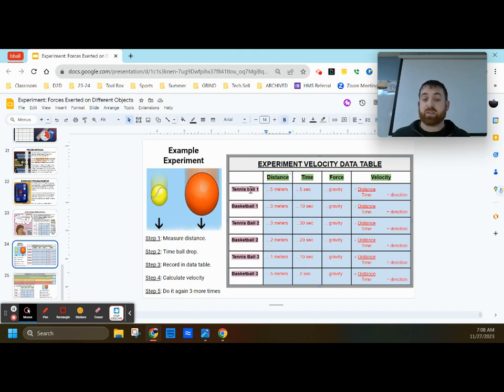So for example, the distance the tennis ball traveled when I dropped it, the time the tennis ball traveled when I dropped it, the force that was being applied when I dropped it. And then here I would actually have to calculate velocity and put it into there. So notice, for every header I have and the data I have, it connects with one of my labels, so I know what I was measuring and what object was being used in that measurement.